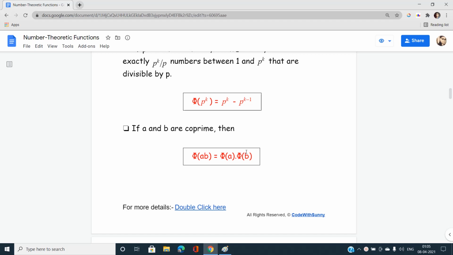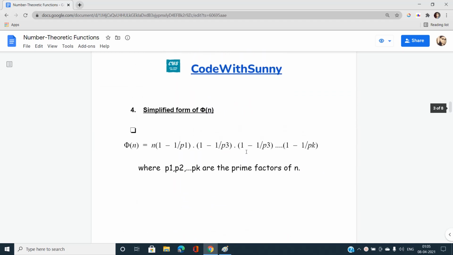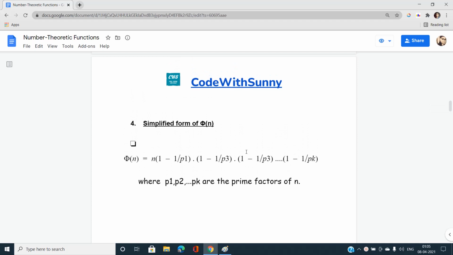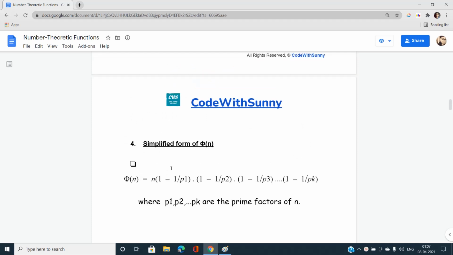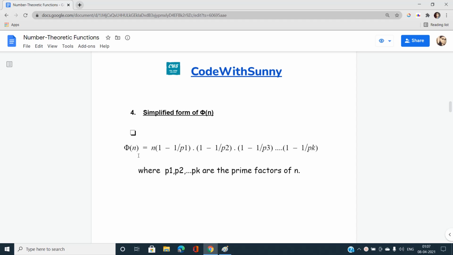Okay, so let's move further to analyze the simplified form of this phi n. Here you can see I have a simplified form of phi of n, where n is any positive integer. How are we going to calculate Euler's Totient function at the value n efficiently?